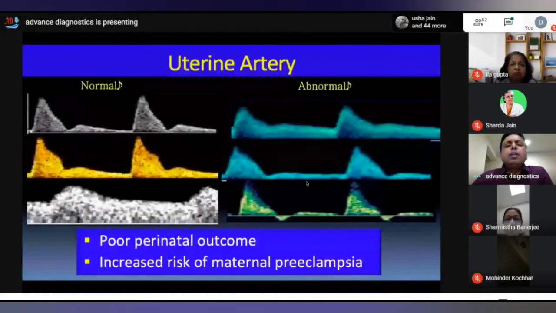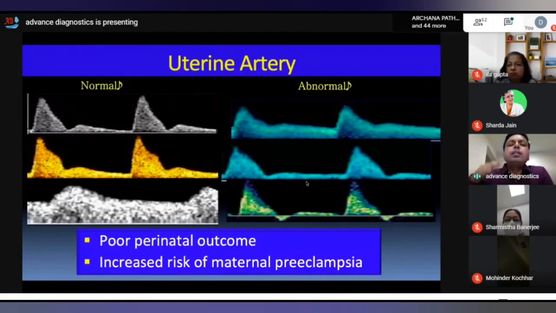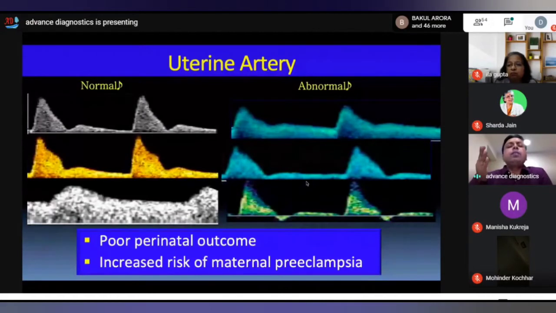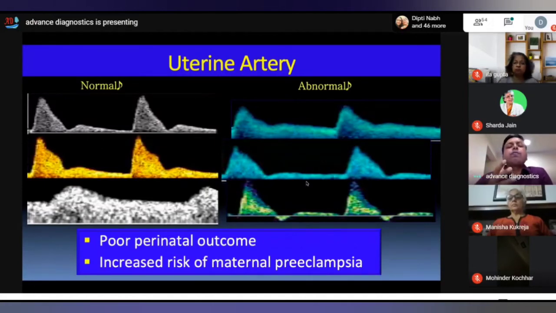Secondly, the basic concept is whenever the vascular resistance rises, PI will go up, then diastolic flow will reduce, and when PI falls, diastolic flow will increase. As in the uterine artery, with advancing gestational age, to fulfill the increasing demand of the fetus, the diastolic flow increases.